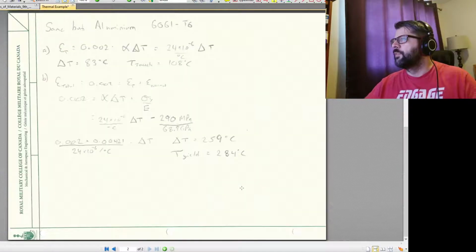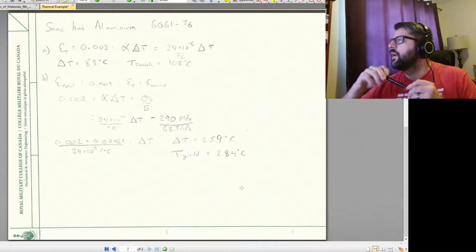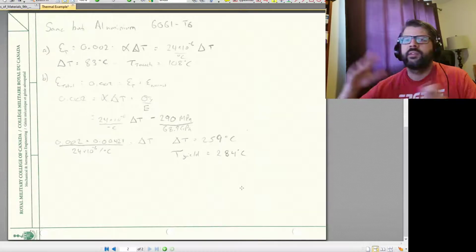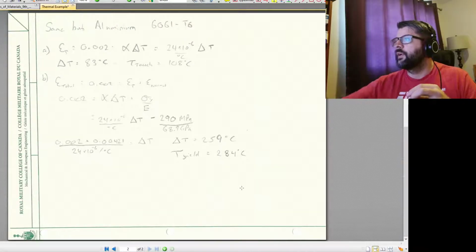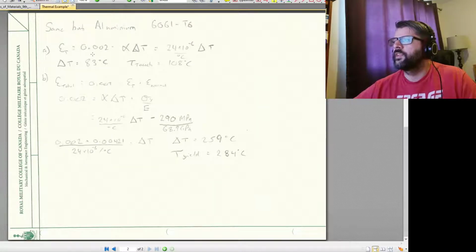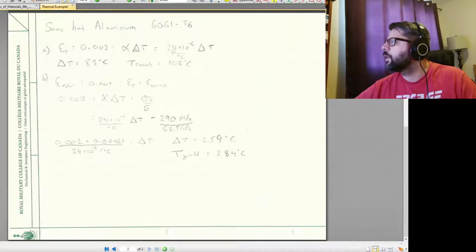So moving on to our aluminum. Again, same idea. We're just punching in different values here. We've got our thermal strain, which is going to be the same amount, just a different value for our coefficient of thermal expansion.